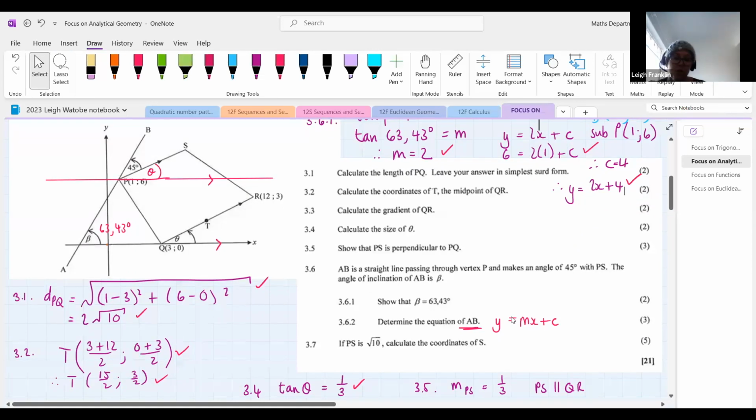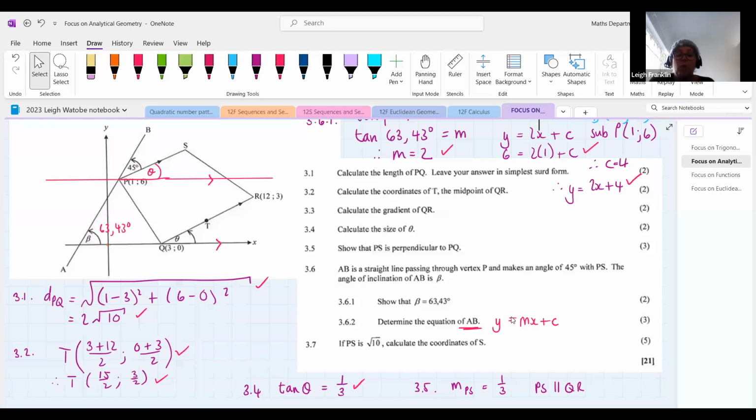Now, the matrics are used to this just because they've had an extra year of practice, but for grade 11s, question 3.7, the method of how we would answer a question like this is something that we see over and over and over again in maths.